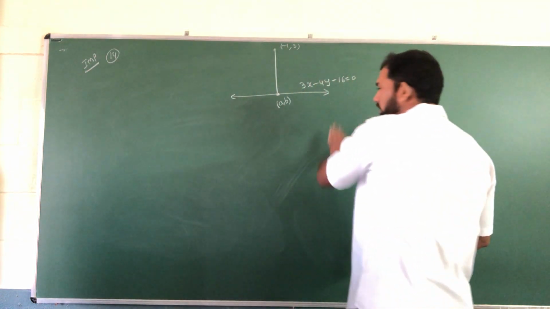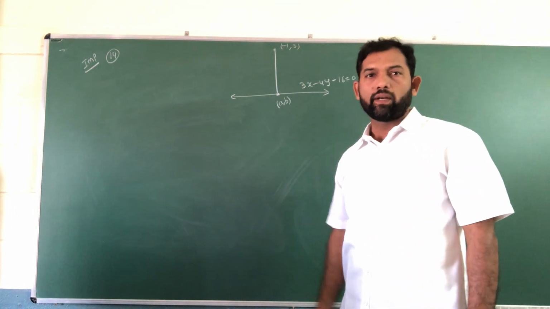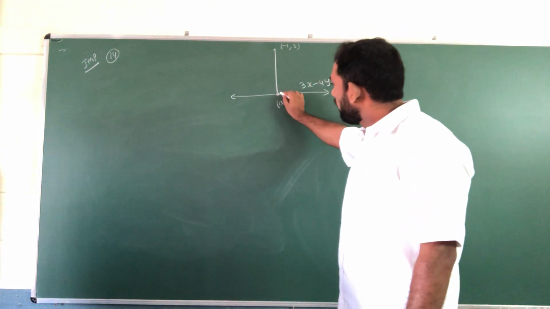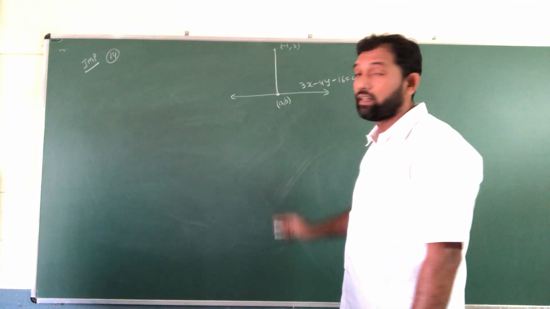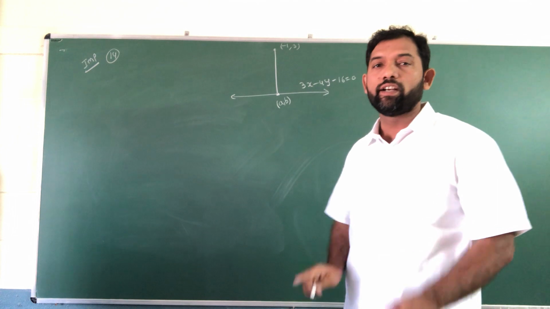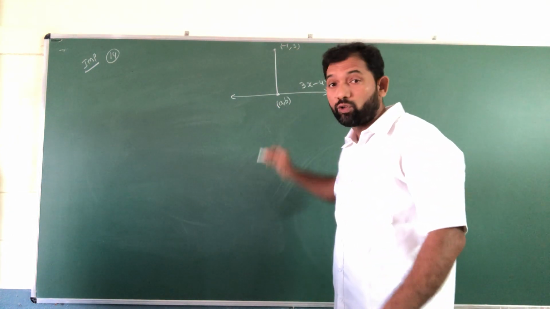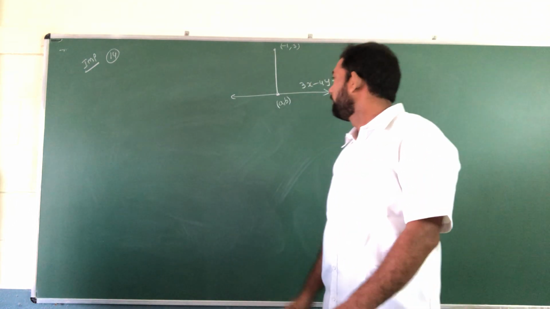So one line is there, and from that point we draw a perpendicular line to it. The perpendicular line meets the given line at the point you consider (a, b). So what are the coordinates of (a, b)? This is the foot of the perpendicular.